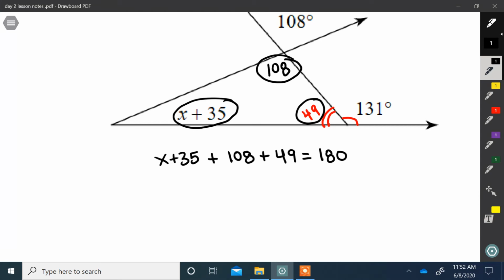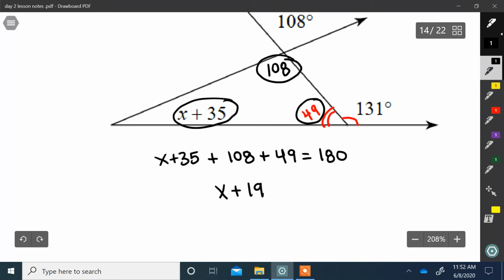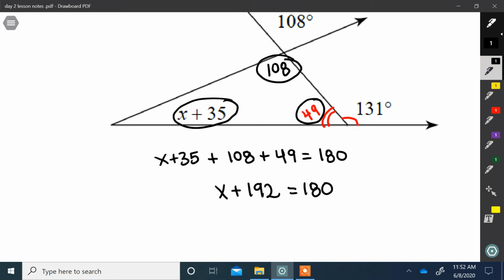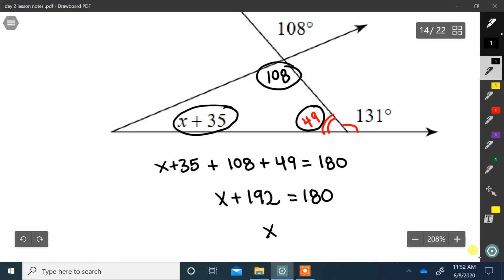We got 35 plus 108 plus 49. That's going to be 192 actually. And then we're going to subtract 192 on both sides. We should get negative 12.